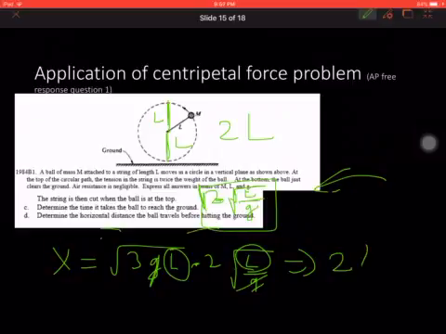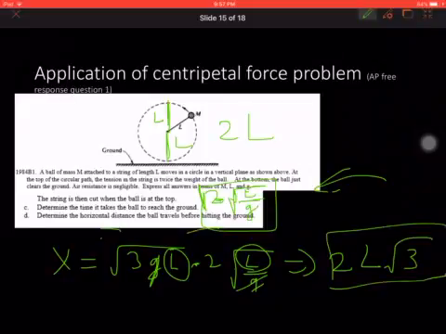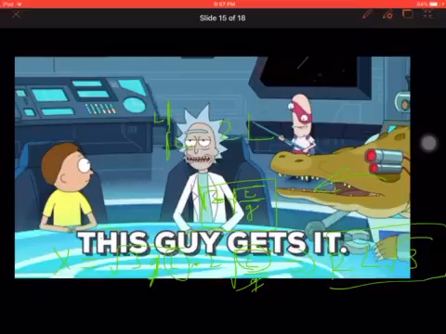So it would just be 2L root 3. And that's your answer for part C. Or part D, my bad. And that is it. Hope these videos help.